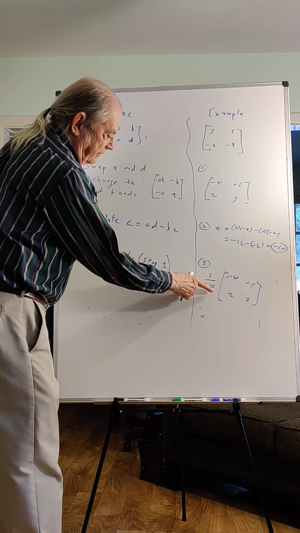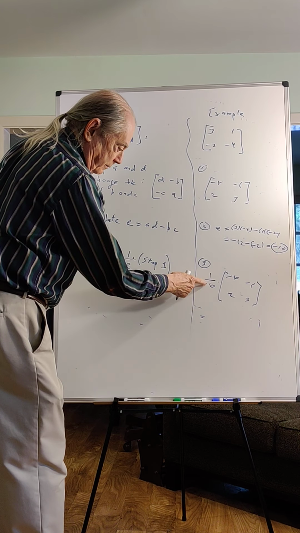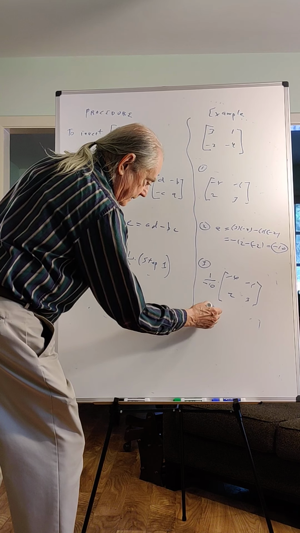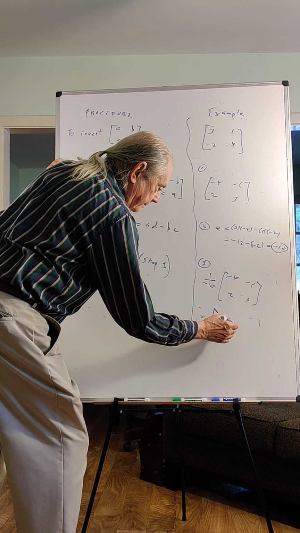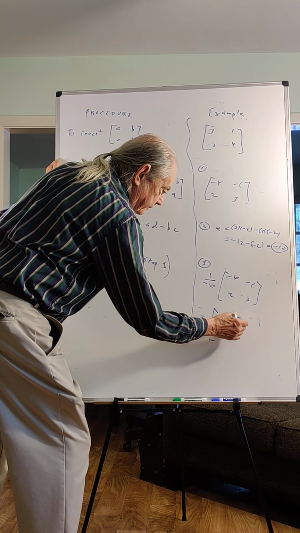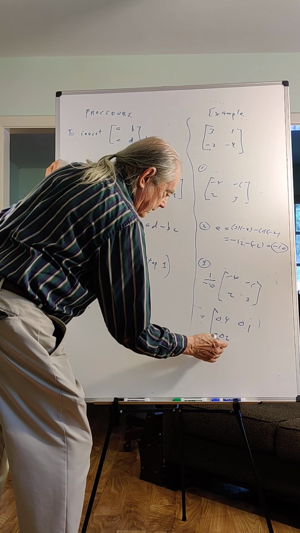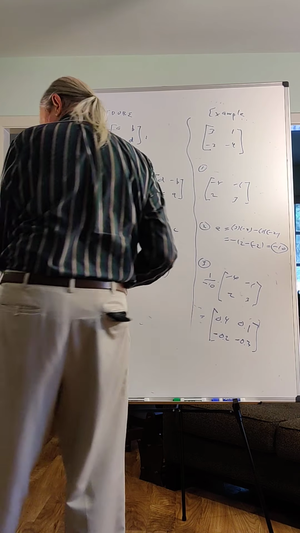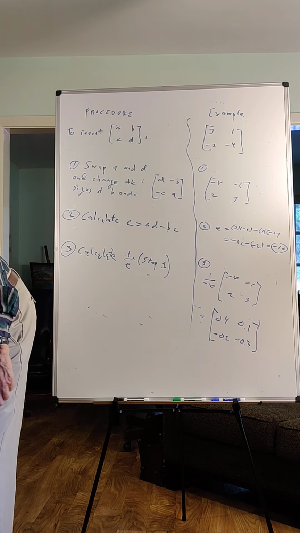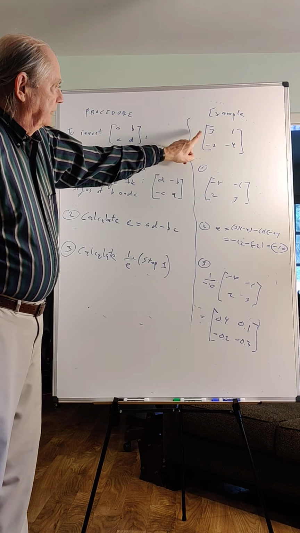Well, when you divide by 10, you just have a decimal point all of a sudden, and then when you have the minus, it just changes the sign. So we'll have 0.4, 0.1, minus 0.2, and minus 0.3. And that's what I had up there a minute ago, right? This is the inverse of this.